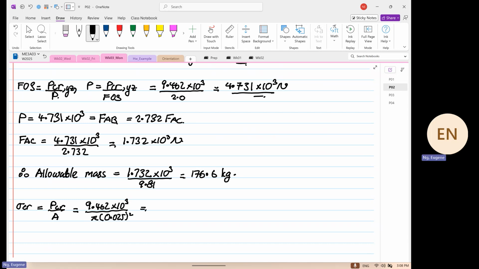So 9.462 divided by that area is equal to 4.819 times 10 to the power 6 Pascal. Okay. And if we look back at the question in the table, this is less than the yield stress, and note that the yield stress is equal to 703 times 10 to the power 6 Pascal. Okay.